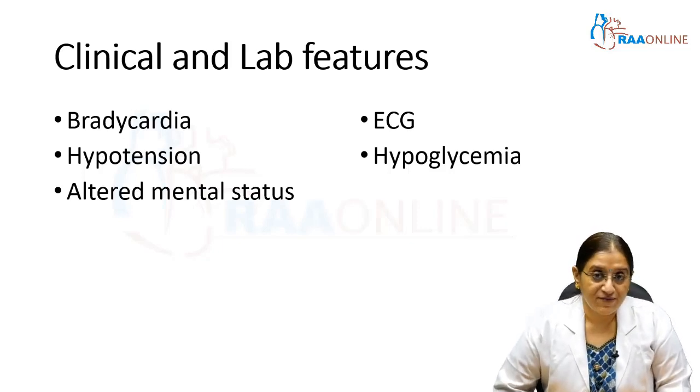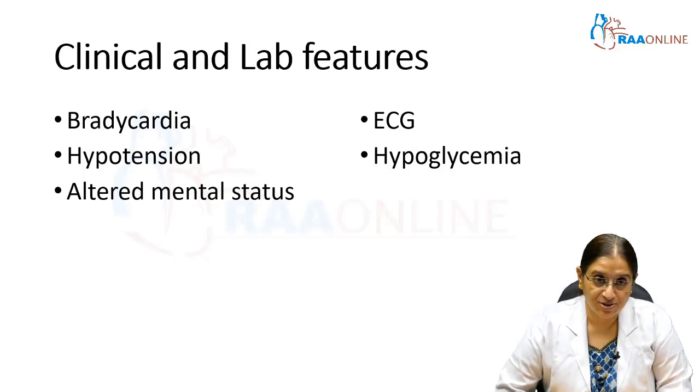So the clinical manifestations of beta blocker toxicity would be bradycardia, hypotension and altered mental status. Why does this occur? Because of the decrease in heart rate, inotropy and chronotropy, the peripheral vasodilatation, and the effect on the central nervous system.